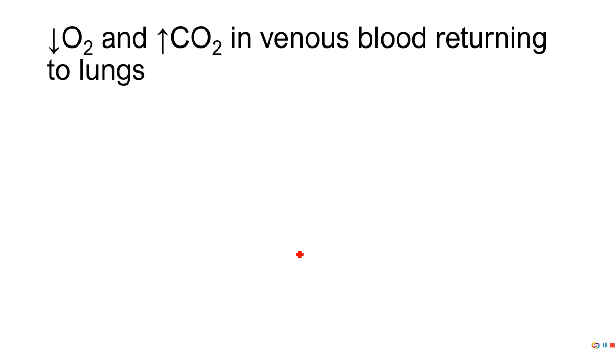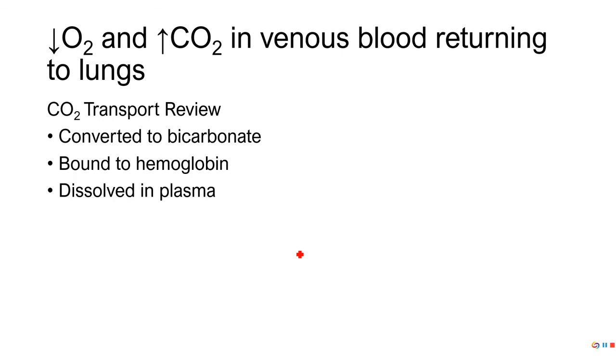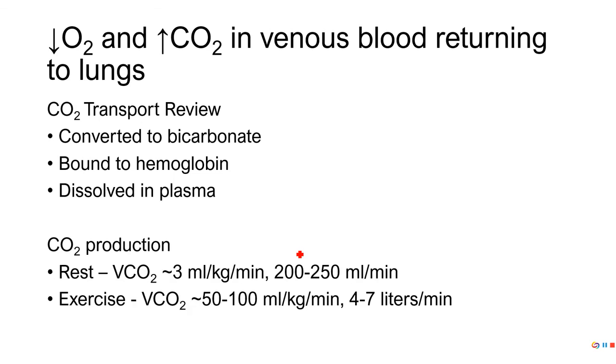So just a quick review of carbon dioxide transport. We convert it to bicarb, we bind it to hemoglobin, and it's dissolved in plasma. Now, when it comes to production, at rest, we normally produce about 200 to 250 mils per minute. That's about half of a standard 16-ounce water bottle. But during exercise, we can increase that by up to 30 times.